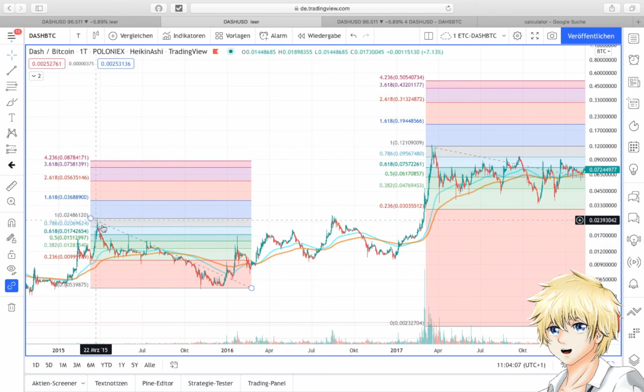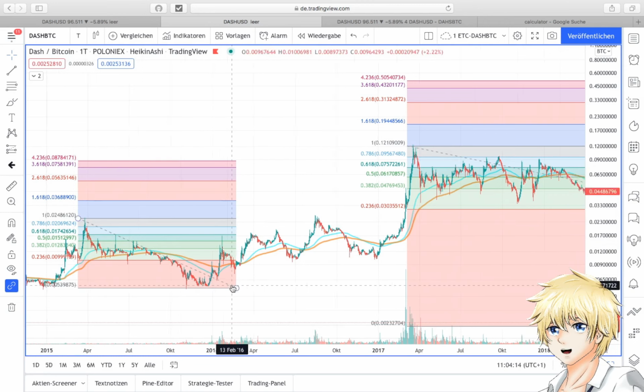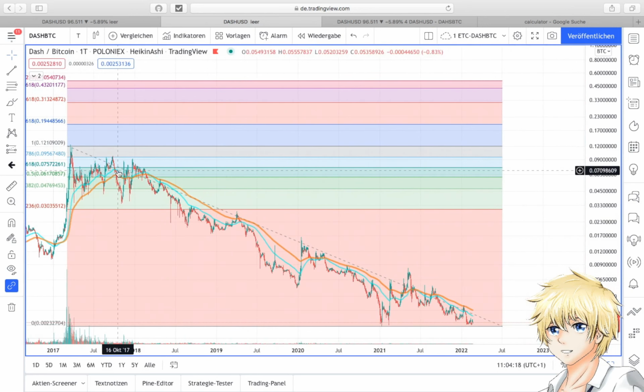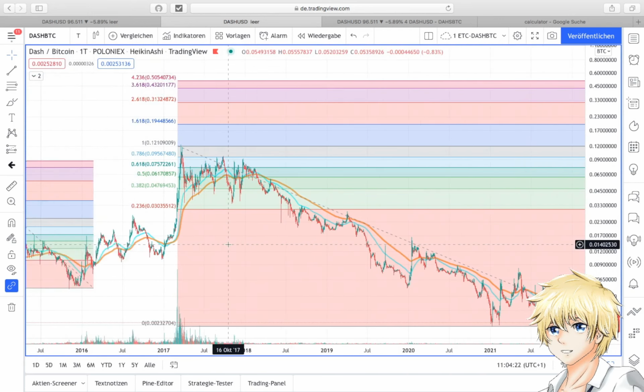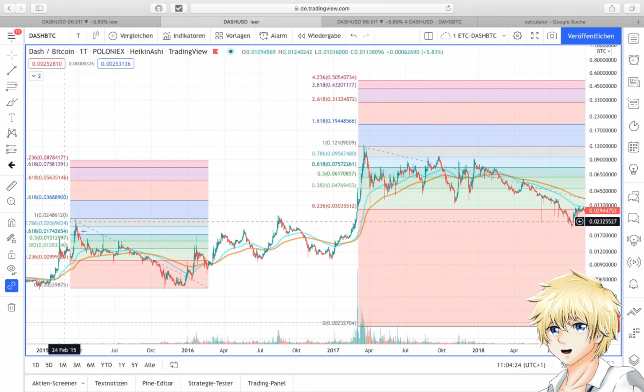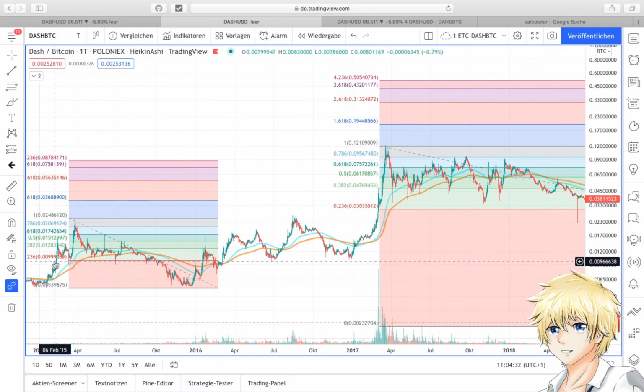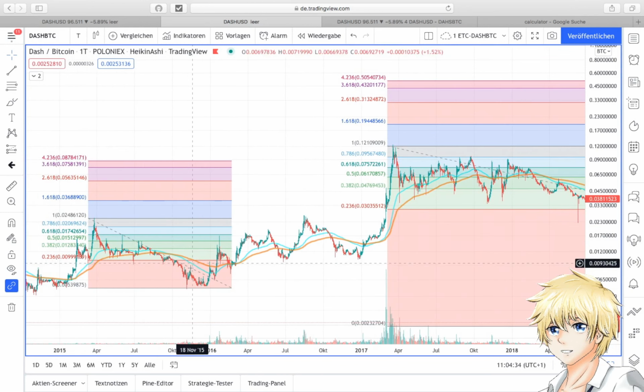So this was a big fall here, and if I put the 1 at the top and the 0 at the bottom of it, looking at this whole fall, which is what we have done here, just this is a super long extension of this part here, we can see from the bottom the first impulse went right up to the 0.236 level here, right?